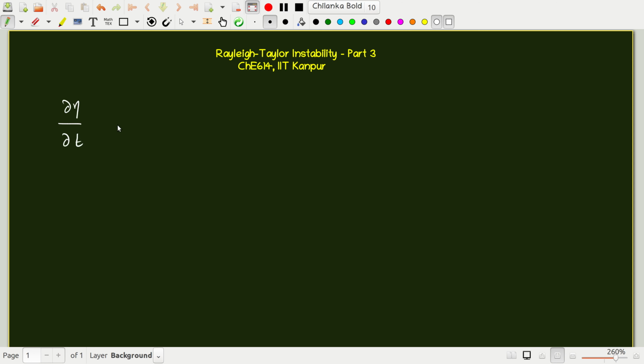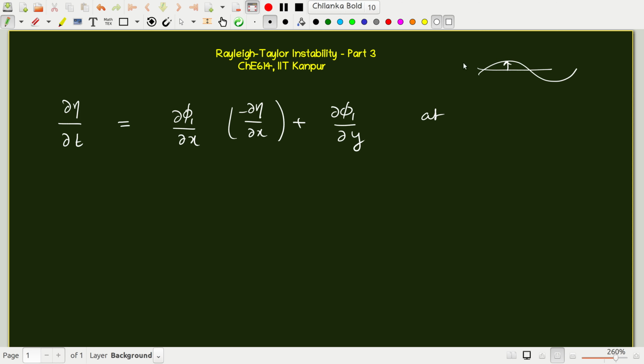∂η/∂t is ∂φ1/∂x minus ∂η/∂x plus ∂φ1/∂y. Now again this is to be evaluated at, remember that η is the perturbed interface, this is the xy coordinate frame, and y equal to η(x,t) is basically the location of the perturbed interface.